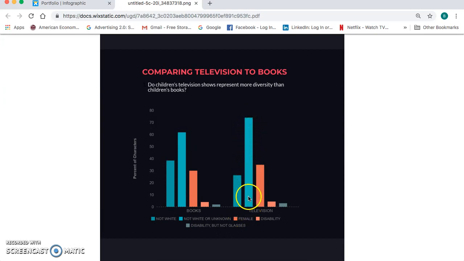Television has a lot more not white or unknown characters compared to just not white characters, which means in this gap, for example, are a bunch of characters who we don't know what their race is, in terms of they didn't tell us, or by looking at them we can't tell, but we generally base that off of whether or not they explicitly told us the race of that individual.